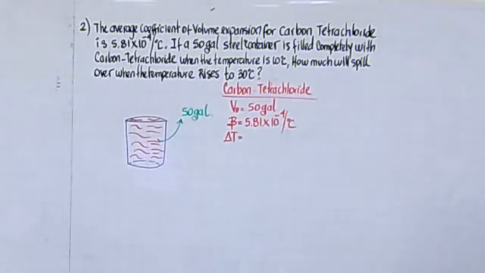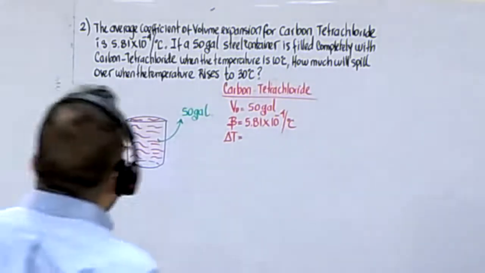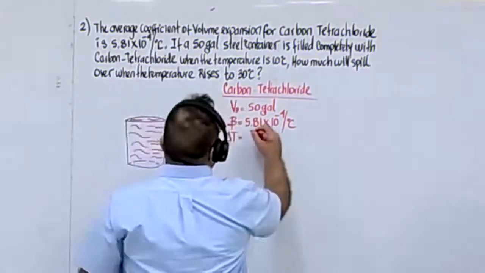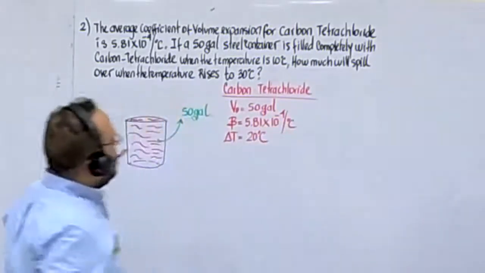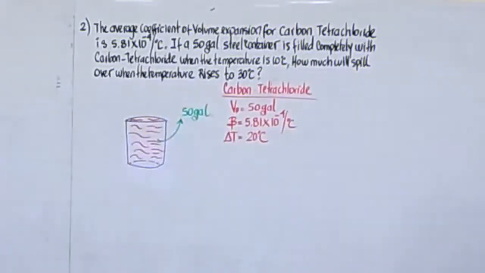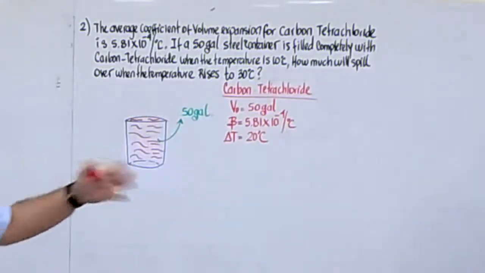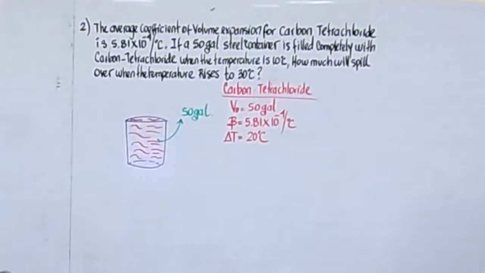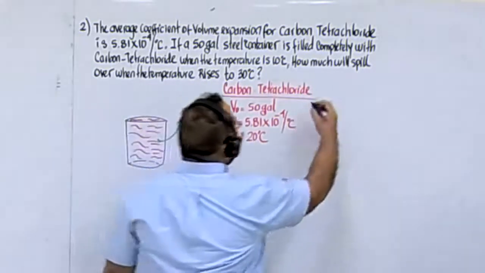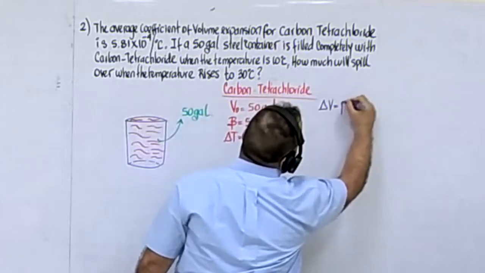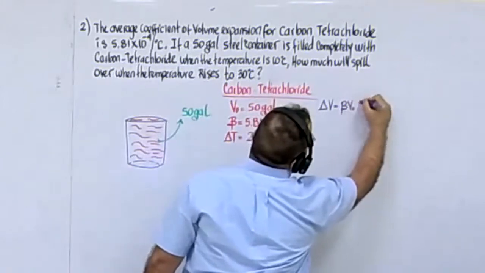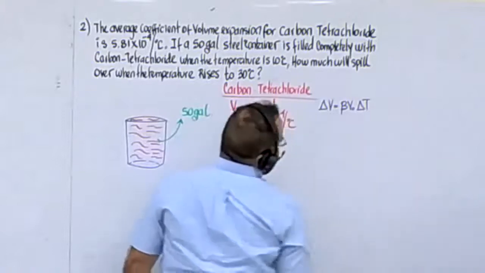So 30 minus 10, that will be 20 Celsius degrees. All right, these are the values of the carbon tetrachloride. Will there be a change of volume? Of course it will. For that reason, we have change of volume equals beta times initial volume times change of temperature.